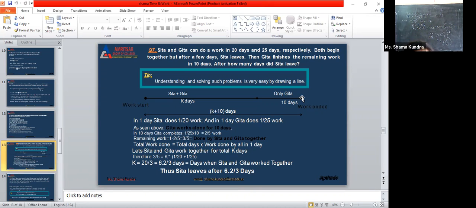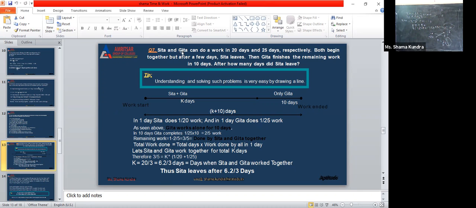In K days, how much work would be completed by Sita and Geeta? That would be nothing but one day work into number of days. So 9 by 100 into K. So Sita and Geeta together in K days complete 9K by 100 amount of work.